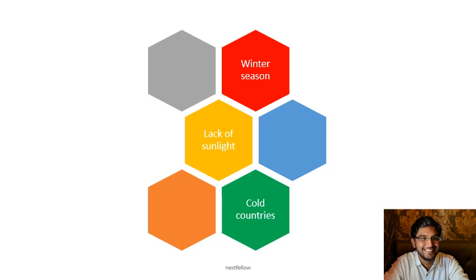Now what happens? I just want you to understand that when there is decreased light, naturally the hormones that need to be secreted, especially melatonin, tryptophan-related serotonin, there will be dysregulation in it. So people will fall into depression. Who are more prone? Winter season, cold countries, Canada and all, where you can see there will be snow most of the time.